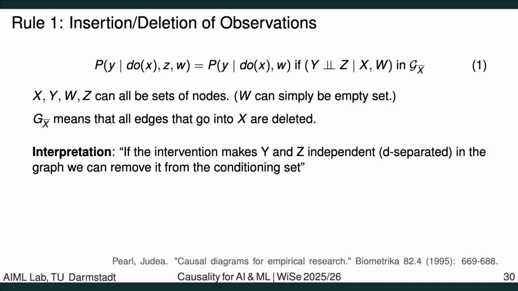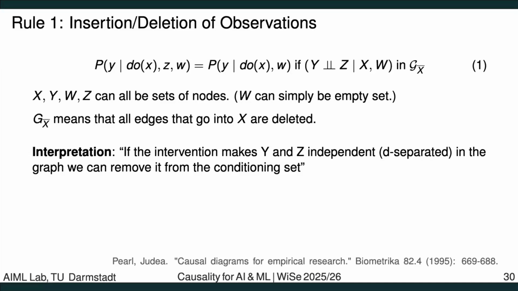What all of these rules have in common is that we have sets of variables X, Y, W, and Z, and these all can be sets of nodes. Usually for X and Y we are interested in a single node, but that doesn't have to be.